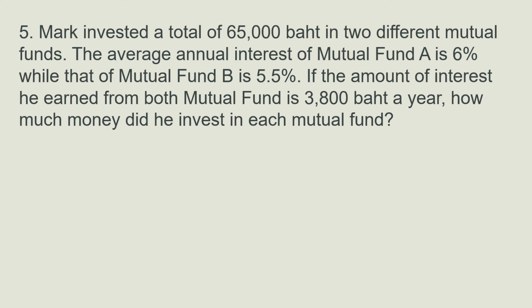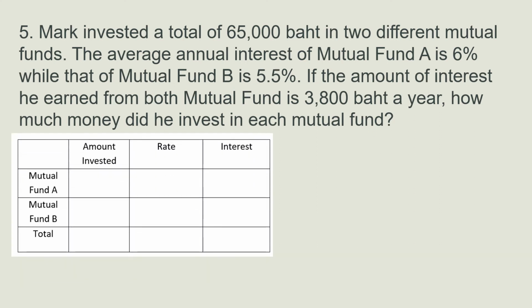If the amount of interest he earned from both mutual funds is 3,800 baht a year, how much money did he invest in each mutual fund? Okay, so we are looking for how much investment Mark had for mutual fund A and B.